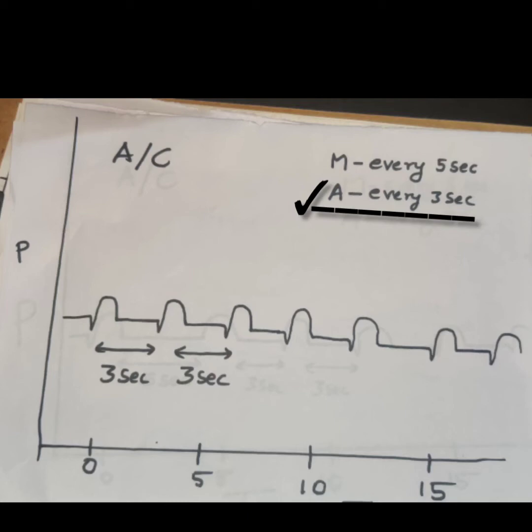So every 3 seconds the patient will take a breath. In this graph, we can see the patient is taking assisted, that is patient triggered, breaths every 3 seconds. As the gap between breaths is 3 seconds and not 5 seconds, we cannot see any mandatory breaths here.